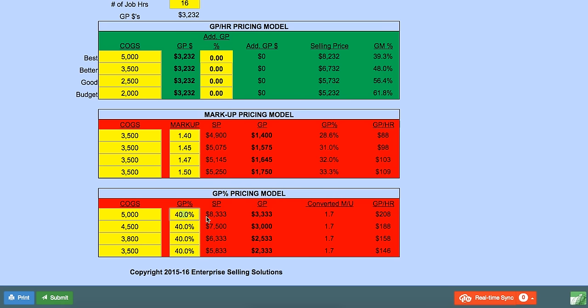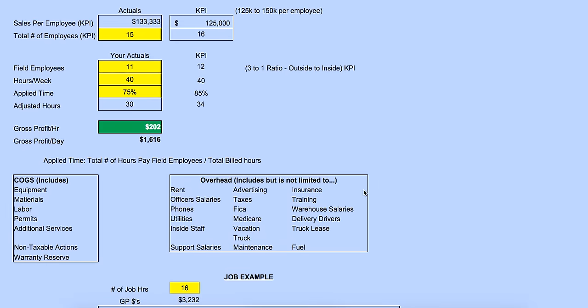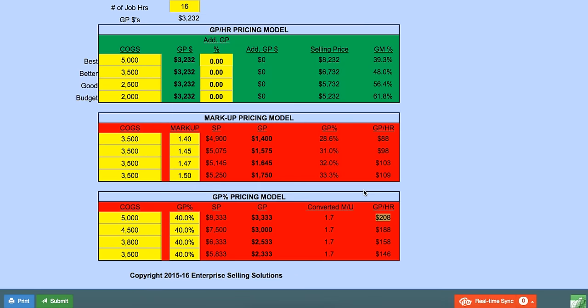So my selling price here is 83.33, and my gross profit per hour is 208. Quite frankly, it's technically near my 202. But the point is that on these lower cost of goods sold jobs, if I'm applying a 40% margin, I'm not getting to my 202. I almost have to go higher to get there.